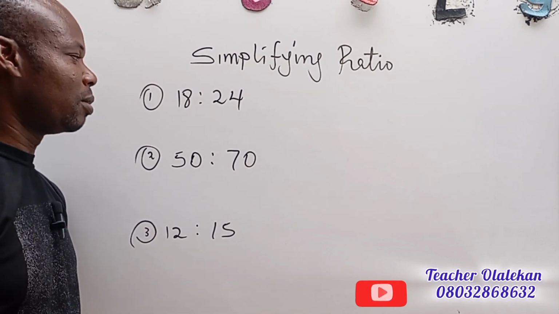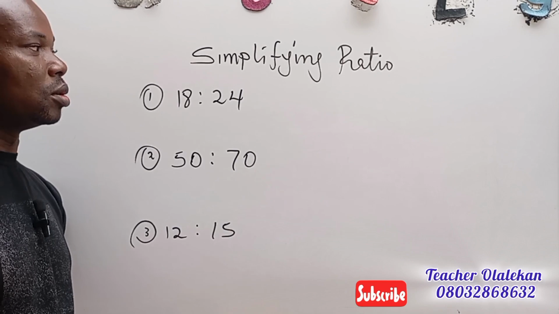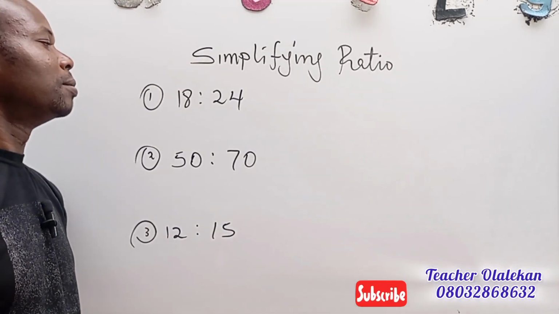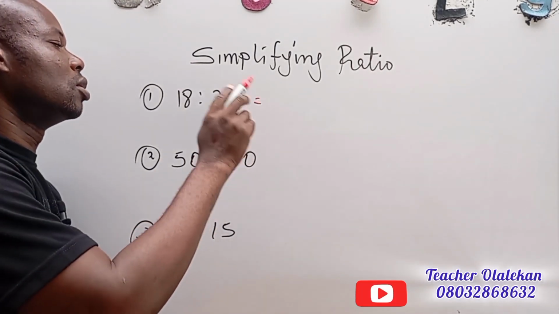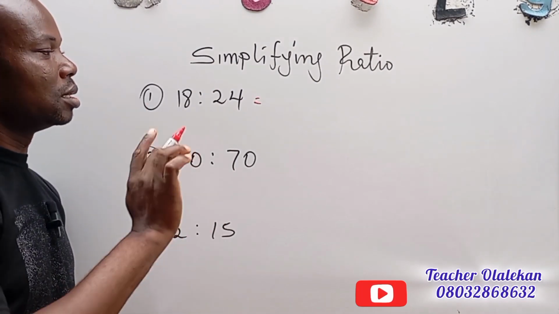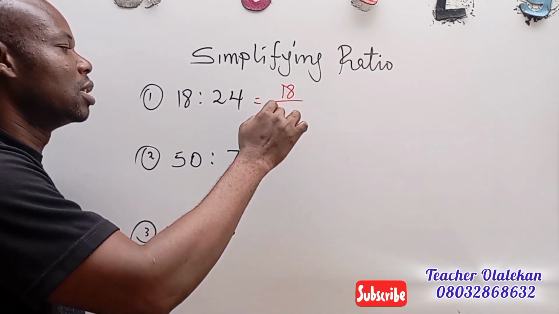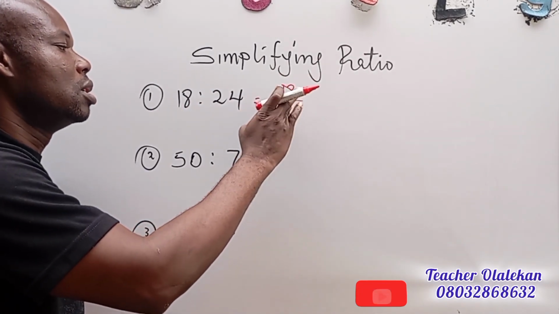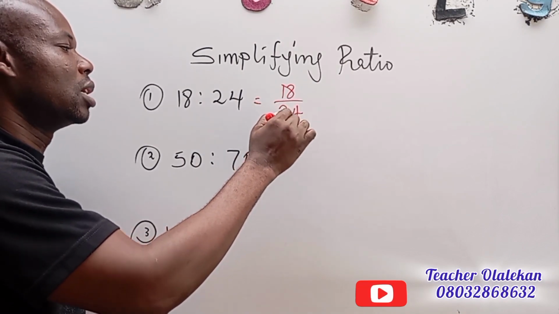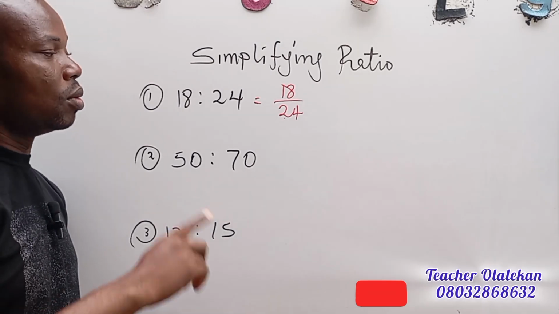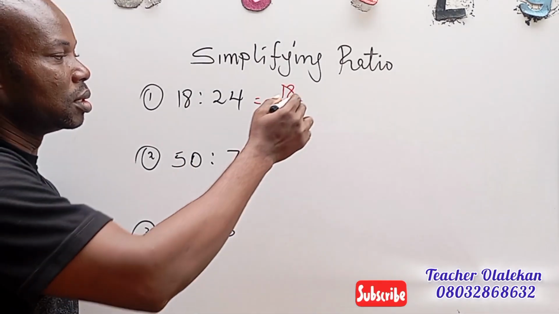So in simplifying ratio, do not forget a ratio is a fraction. So how do we simplify it? If you want to simplify your ratio as a fraction, which it is, you take it to the lowest term. So if you have 18 ratio 24, it is the same thing as 18 over 24. You now think of what can divide both of them together. So you think of 6.